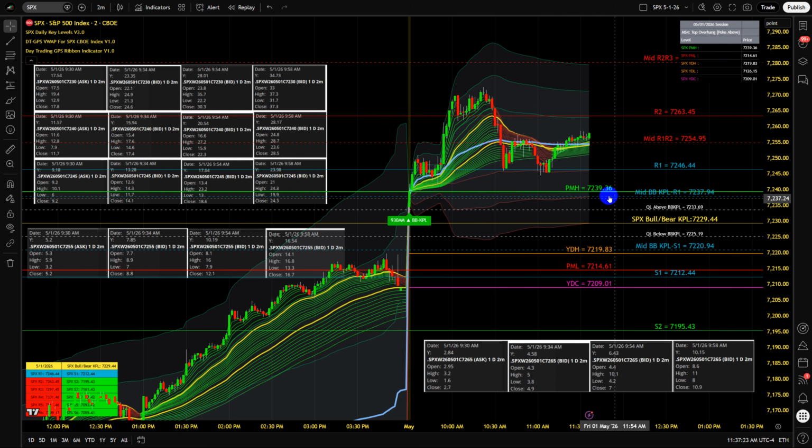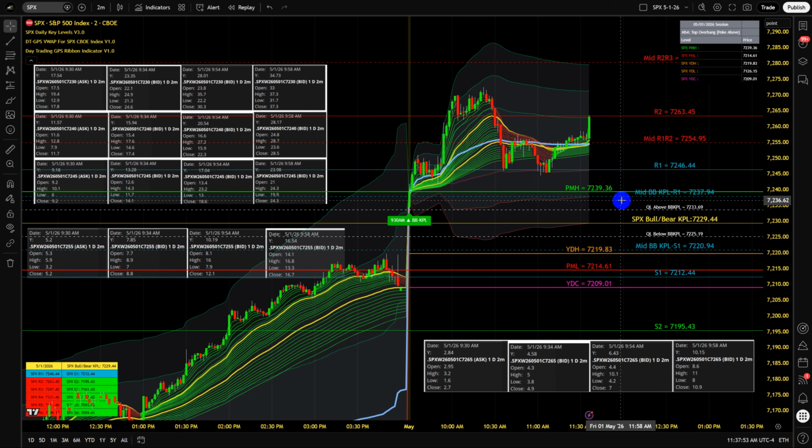There'll be some sessions that are contained just within R1, or sometimes it will not even make it to R1, and you'll have more of a situation where it's contained from just below R1 to just below S1, and those happen on extreme lower volatility days where price is very compressed. It happens a lot on mean reversion market structures and on days where price is basically consolidating.